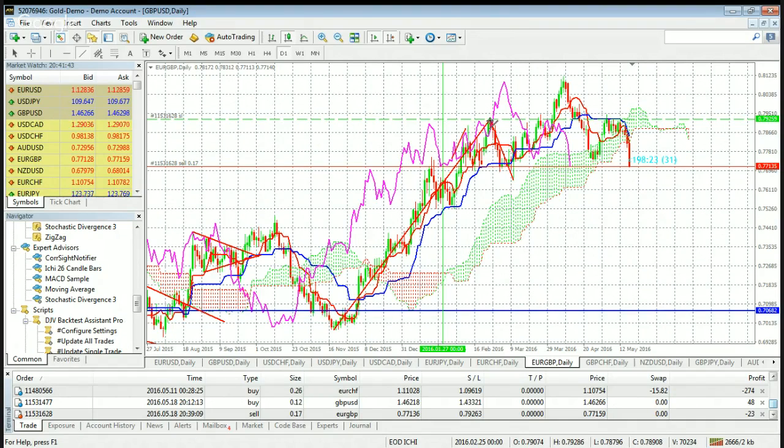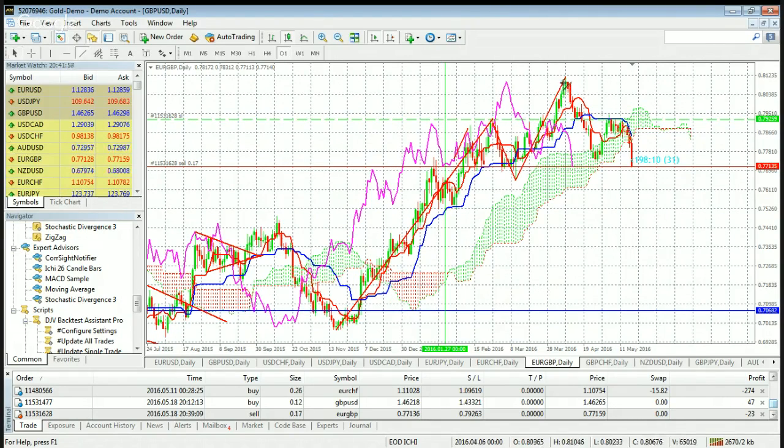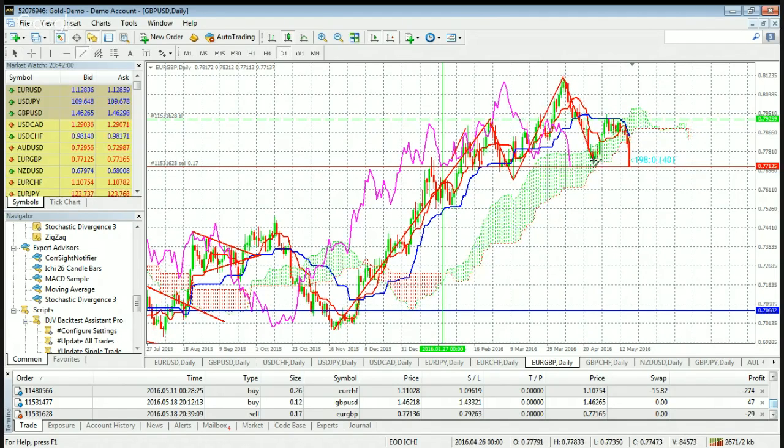Let's do it till there. And then we've got another surge upwards, creating a new high. Guys should be shouting it out now. That's it, Matimba. That's it. Well done. Head and shoulders.